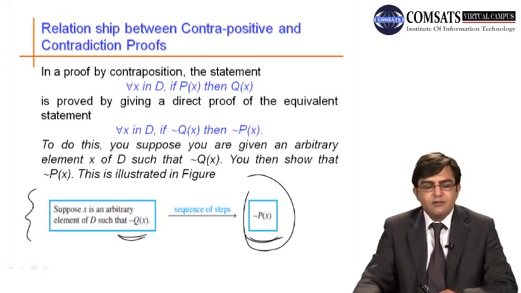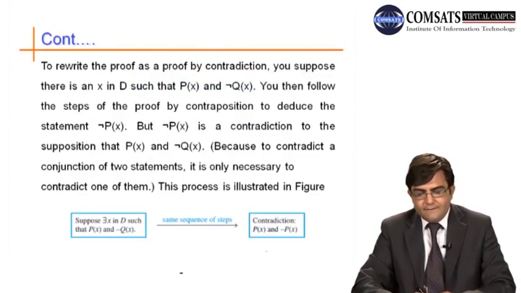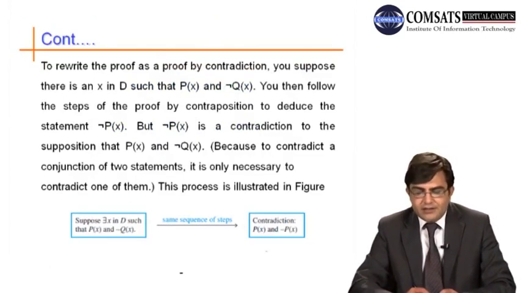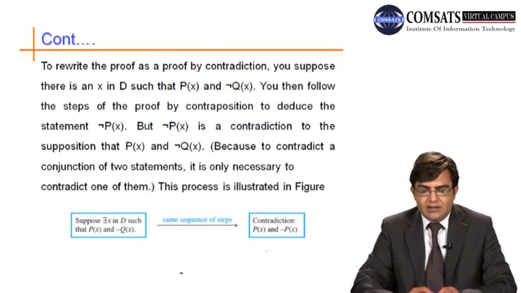Whereas in the method of contradiction, we suppose that p of x, the hypothesis in the conditional statement, is true, and we try to prove that not q of x is true, or we try to prove that q of x is false.